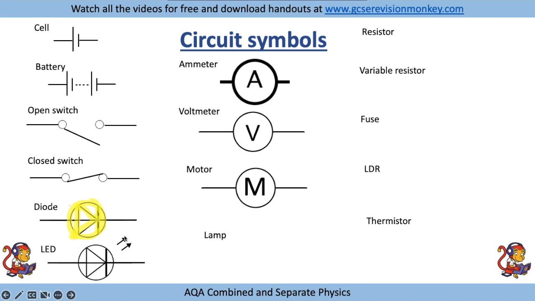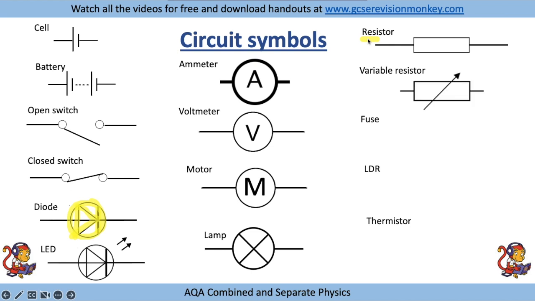That is a motor. You've got a lamp, and then the rectangles. The resistors are the ones with the rectangles. So a normal resistor is just a plain rectangle. A variable resistor has an arrow through it. A fuse is a resistor with a line going straight through it.